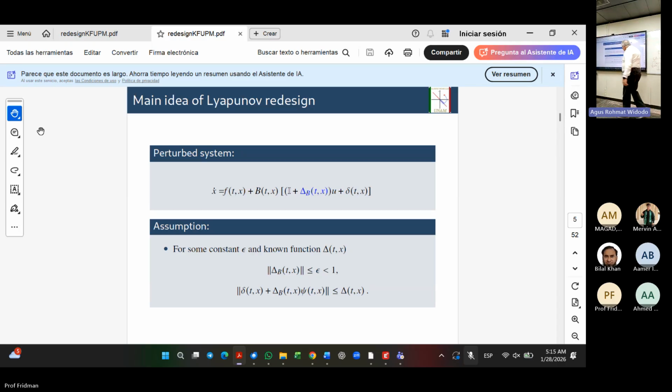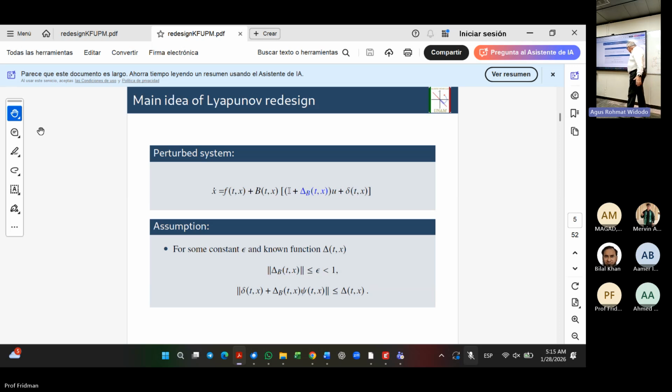So we suppose that we have perturbations in the input channel and also external perturbations. But in this case, all of them belong to the span of the input vector. So this means that all of them are matched.